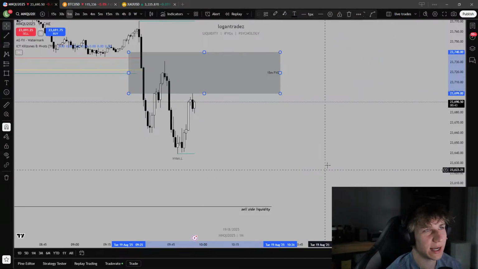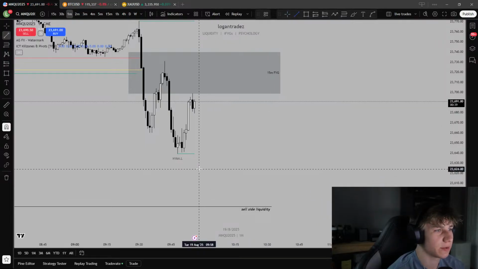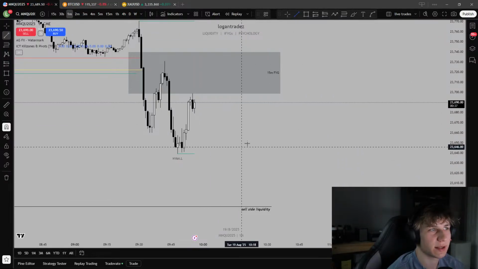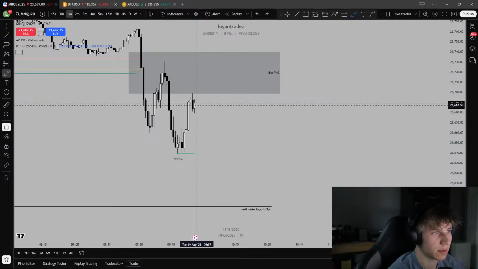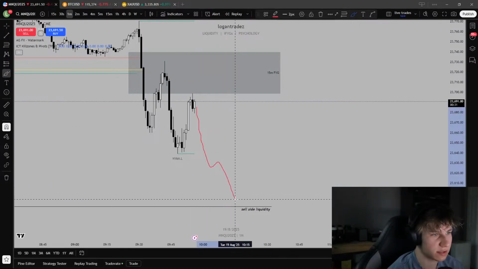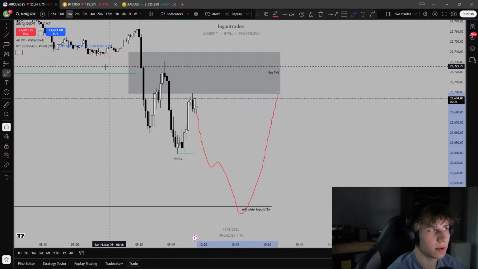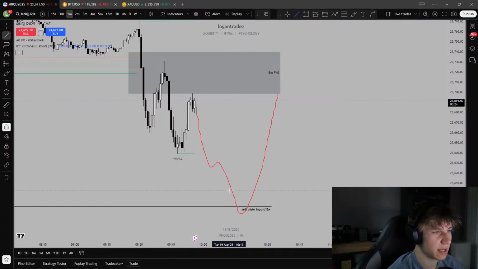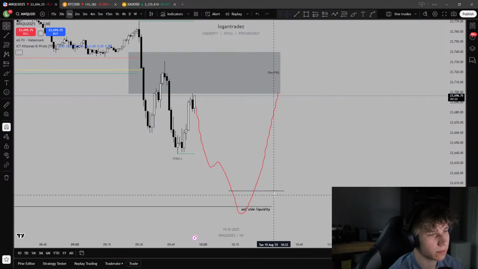Maybe we could align with the 10 a.m. candle. We could get it open though I close. Maybe price does this to the 15-minute, and we get a 10 a.m. open like here: open, low, high, close.